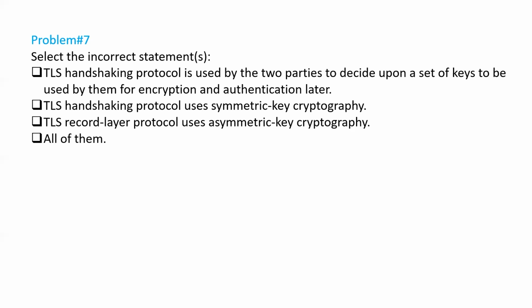KC and KC dash have a similar function for communication from the client side to the server side. KC is the encryption key from client to server, and KC dash is the MAC key from client to server. So there are a total of 4 keys generated on both sides individually.